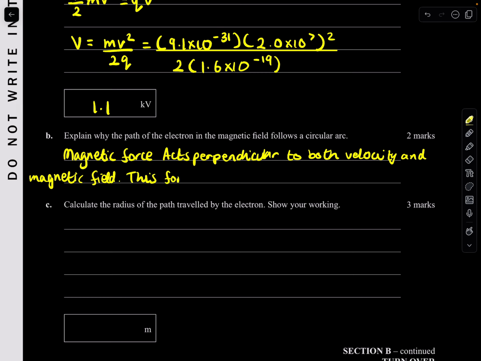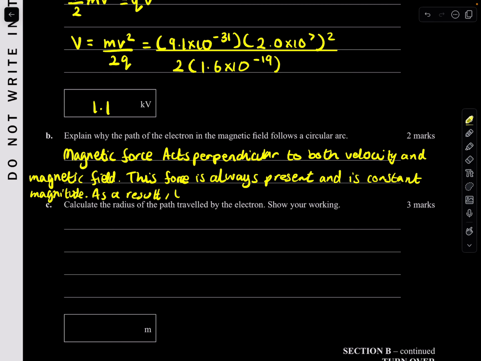This force is always present and is constant in magnitude. As a result, the particle's motion curves into a circular arc.